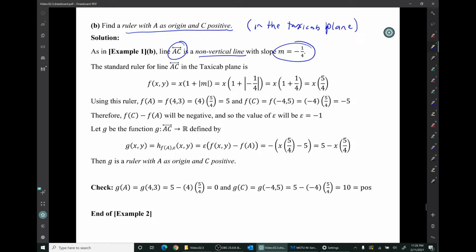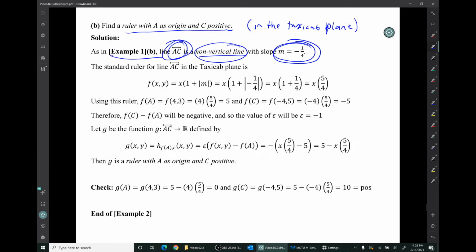That is, the underlying incidence geometry is the Cartesian plane, the set of points and lines. And so line AC was this non-vertical line with slope m equals -1/4 in example 1b, and it's going to be the same in example 2b. We're in the taxicab plane now, but the lines are the same lines.